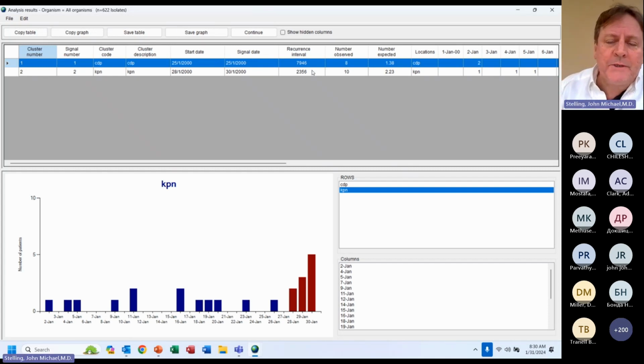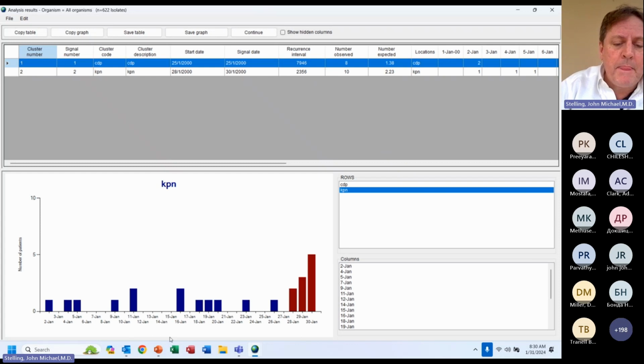The problem is if you start doing analysis every day, you're going to have a statistically significant result on average every 20 days. So if something happens every 20 days, that's not that interesting from an infection control perspective. So we look at the recurrence interval. We don't want a statistical significance of 1 every 20 days. We might want like a once in a year event.